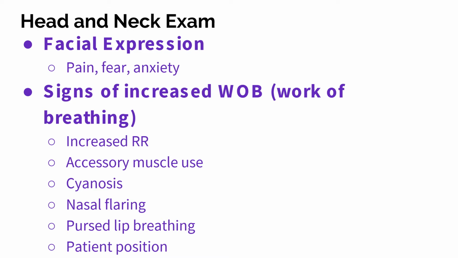We're looking for increased work of breathing, so things like increased respiratory rate, accessory muscle use, cyanosis, the bluish hue, nasal flaring. You see that more in children. Pursed lip breathing in our COPD and asthma patients, more so COPD. And then their patient position. Are they tripoding? We have examples of that coming up.